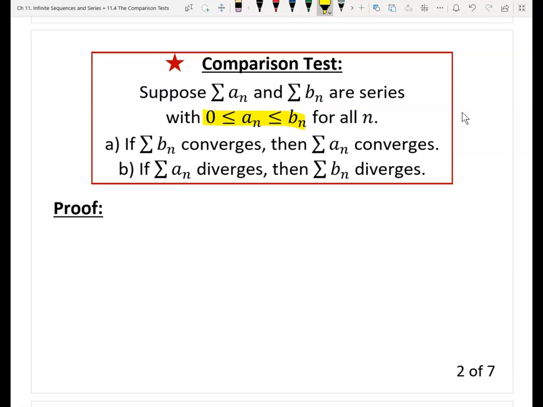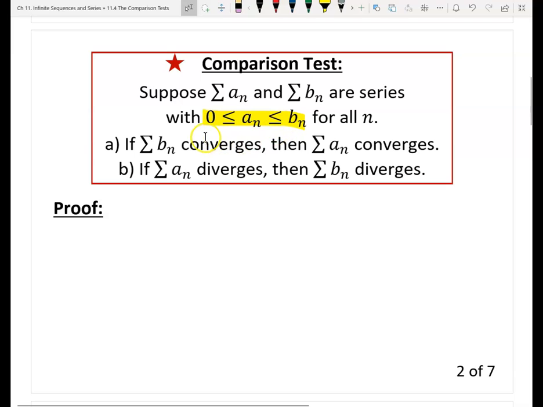And then a_n is less than or equal to b_n for all n. What does this mean? This means each term in the A series is no more than the corresponding term in the B series, like A1 less than or equal to B1, A2 no more than B2, A3 no more than B3, like this, for all the terms. So this we call the comparison.